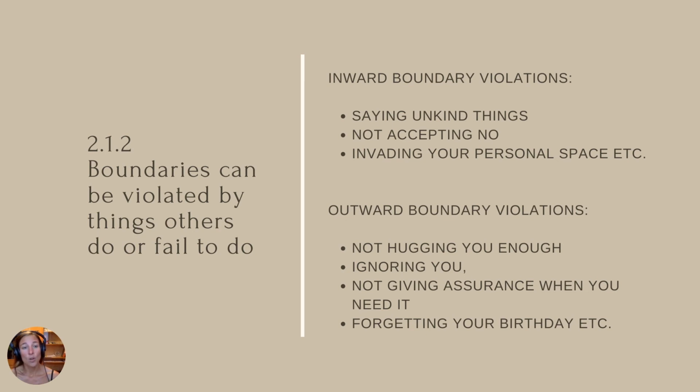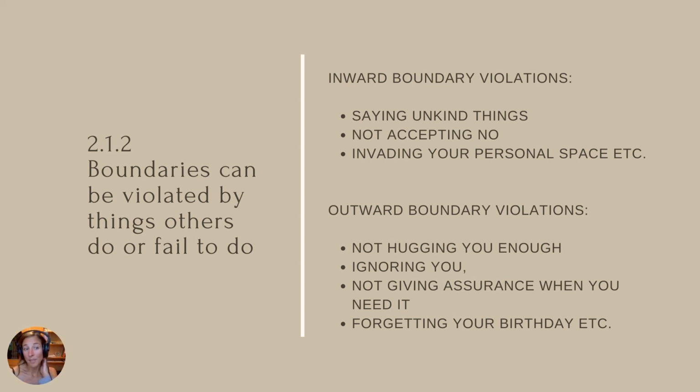But then there's also an outward boundary violation. And that is about the things that others fail to do, things that others don't do, but you wish that they would do. So, for example, if you're a person that needs lots of hugs, if your partner or your family doesn't give you enough hugs, then it's an outward boundary violation.